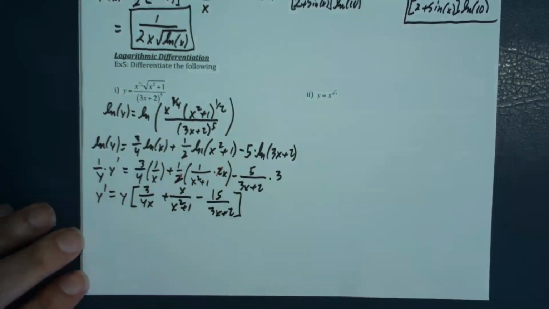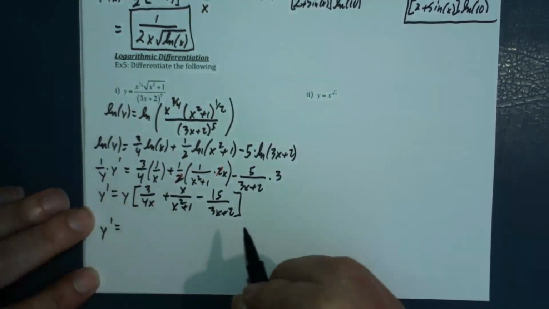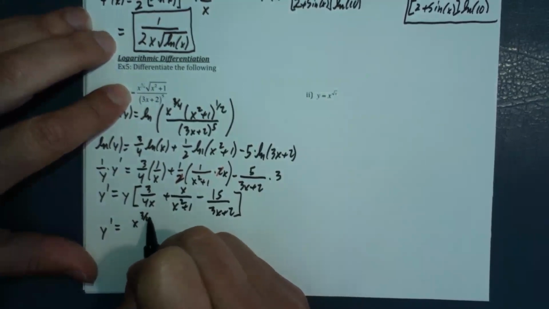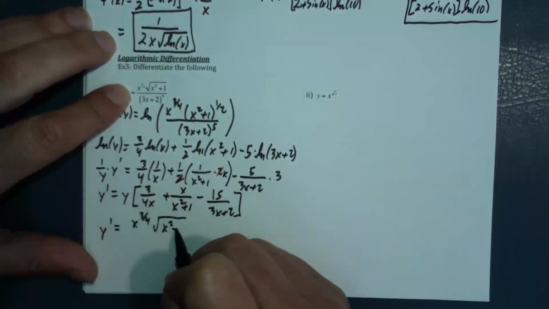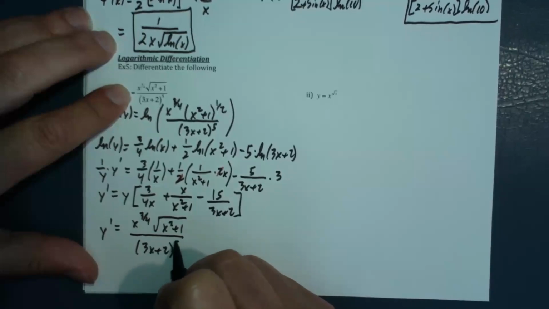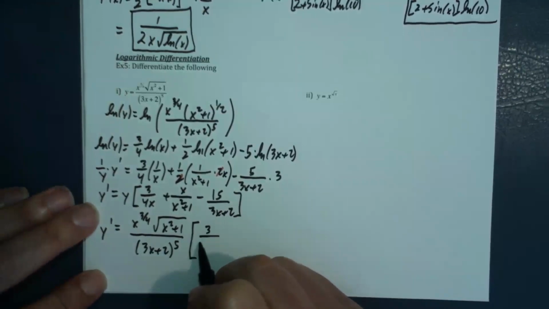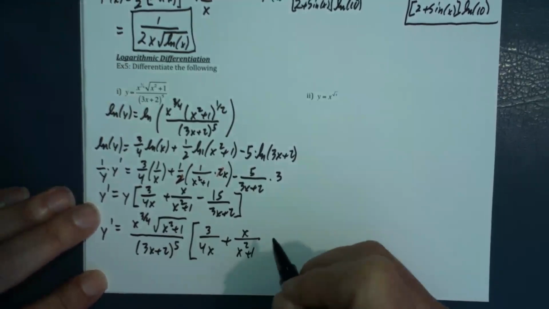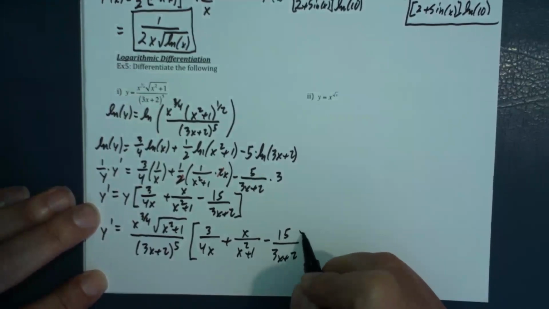So overall, I have all of this, x to the 3/4, square root of x squared, this is just y, plus 1 over 3x plus 2 to the 5th times all of this, 3 over 4x plus x over x squared plus 1 minus 15 over 3x plus 2.